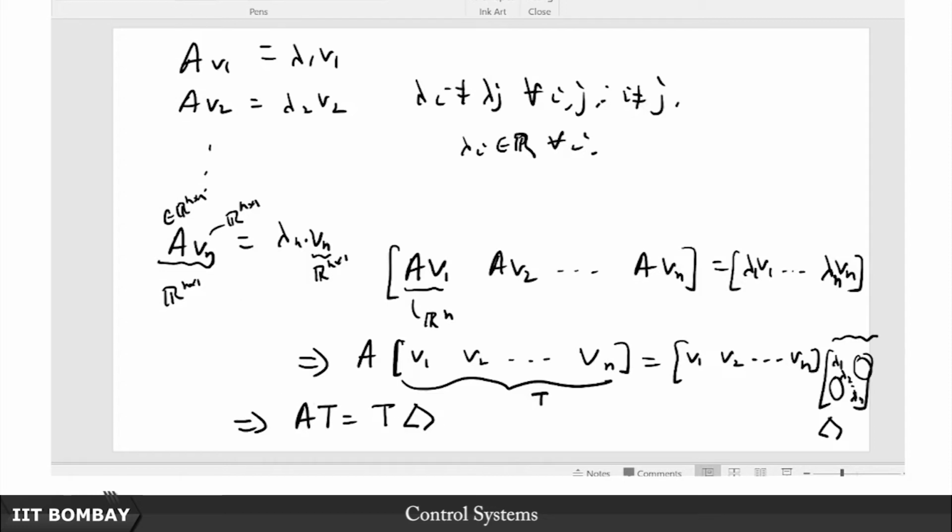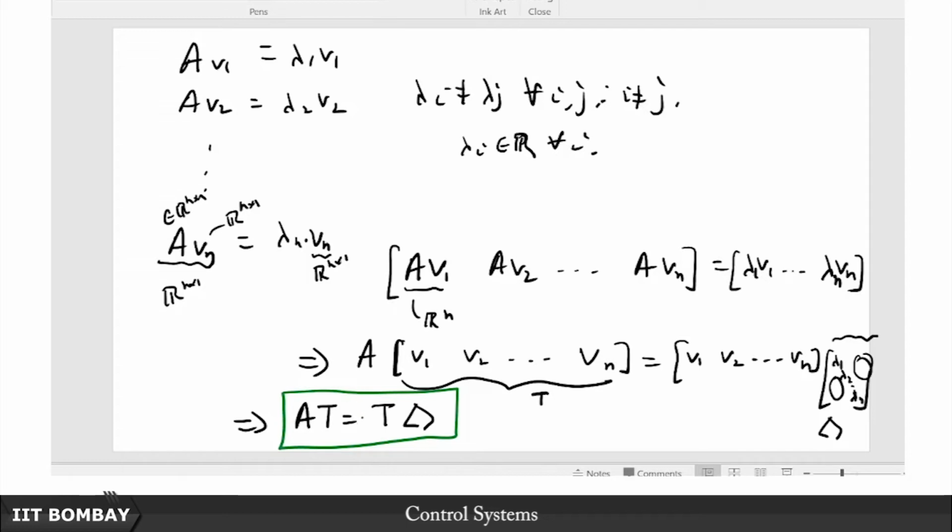We have come this far, but there is still something missing here that will prevent us from going one step ahead. What about this matrix T? Is it really non-singular? Because if it is not non-singular, then I cannot hit it with T inverse on the left because T inverse would simply not exist.